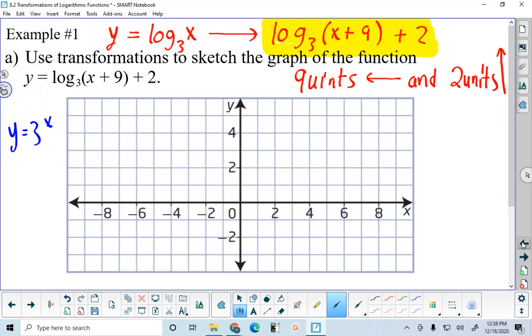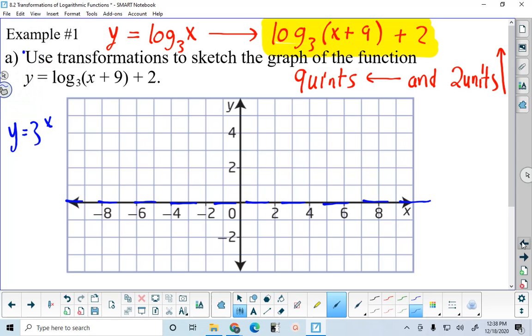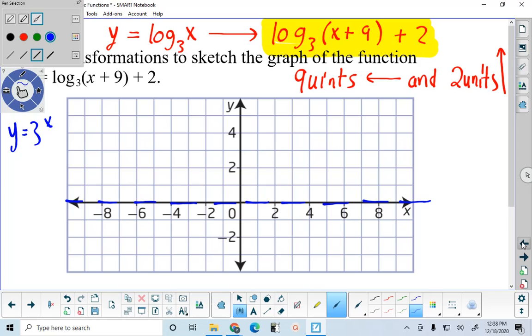And we learned back in chapter 1 that 3 to the x is an exponential function with an asymptote that will be the x-axis. It has a y-intercept of 1. And every 1 I go to the right for y equals 3 to the x, y gets tripled.